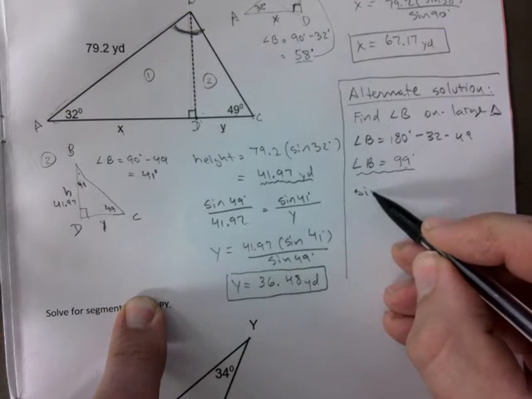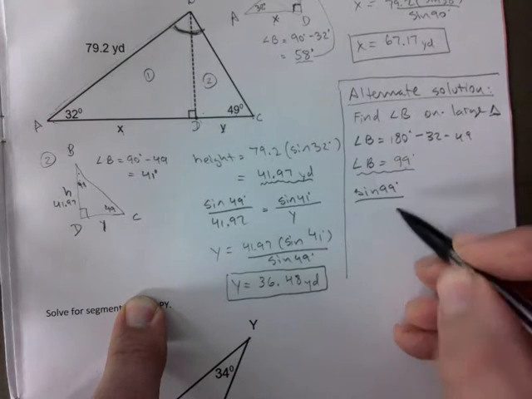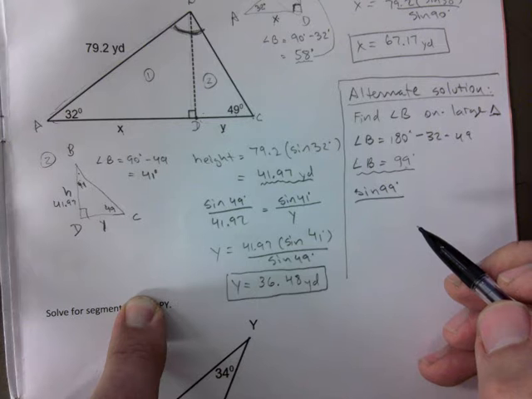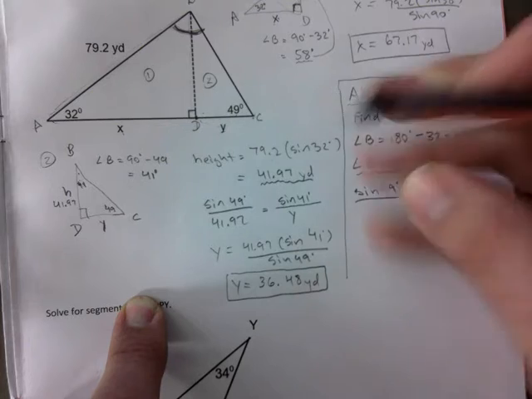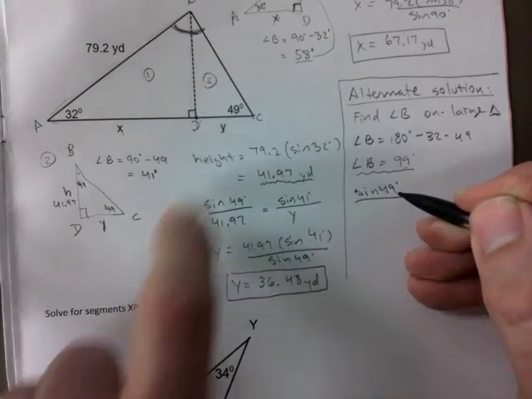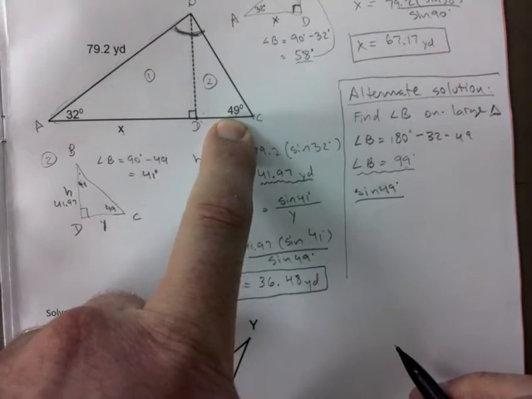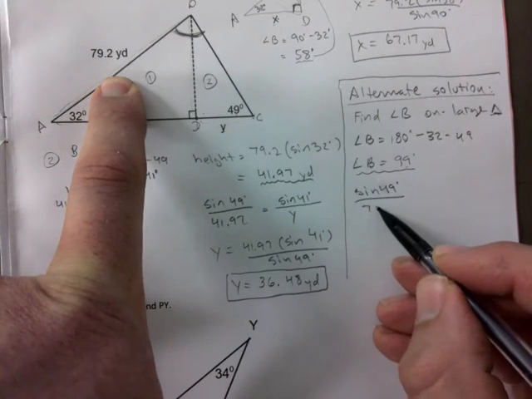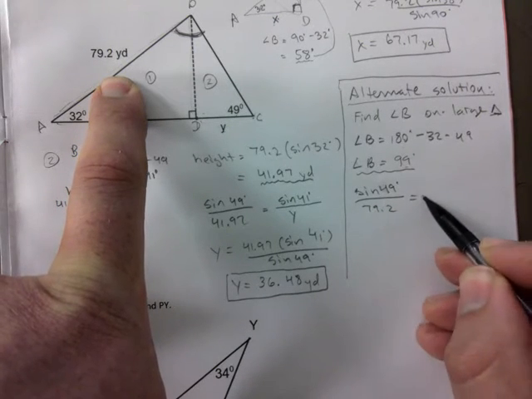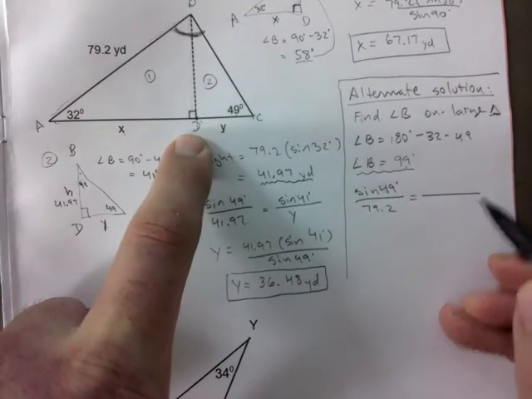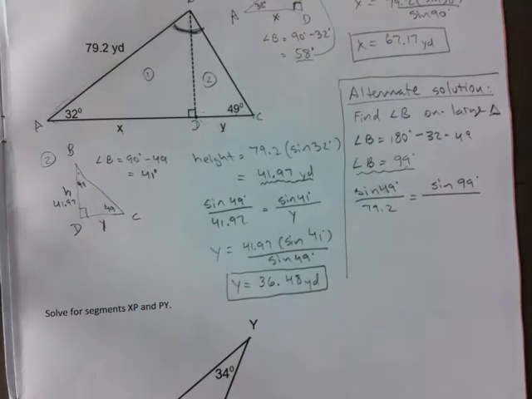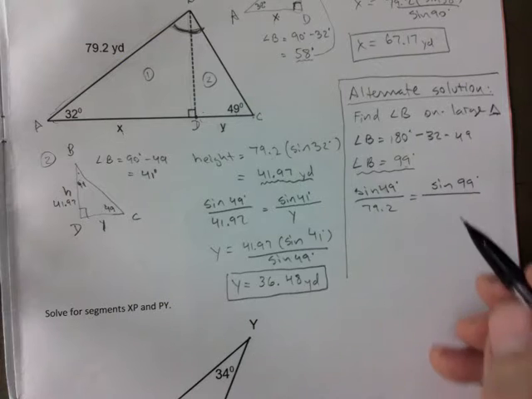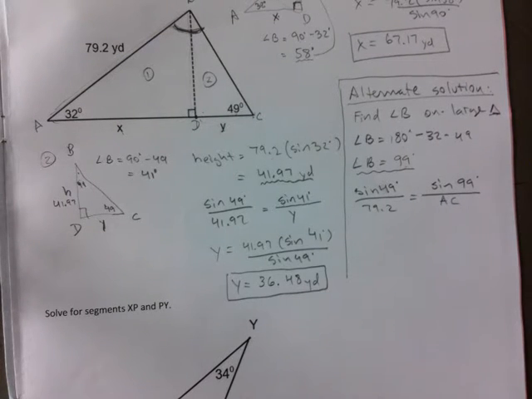If you're using the whole angle, you need to use that whole side across from it, okay? So we're going to go sine of 99 over, I should start with my pair, right? I always told you that, right? Not that it matters, but let's start with sine of 49 over 79.2. And then I'm going to go sine of 99 over AC.